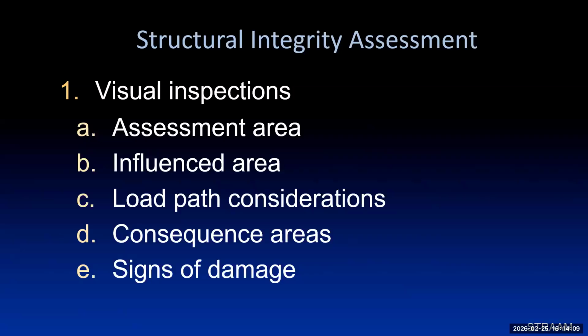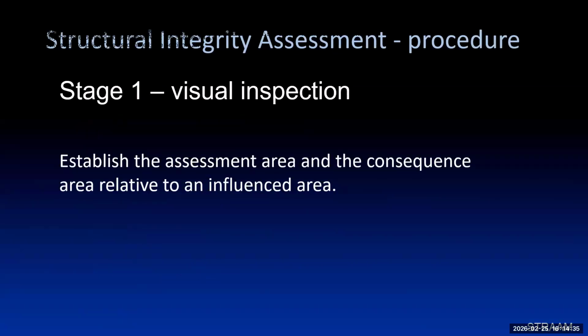And those look at various different signs, various different places: an assessment area, an influenced area, load path considerations, consequence areas, and signs of damage. So the way that this is going is what I'll tell you about now. First, visual inspection, stage one. Establish the assessment area and the consequence area relative to an influence area.